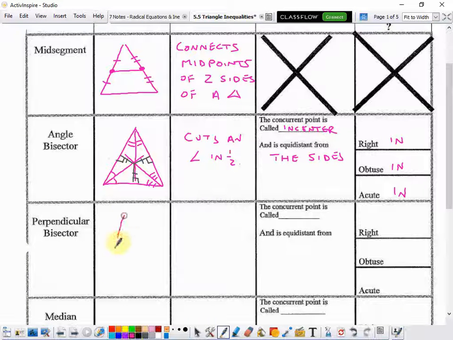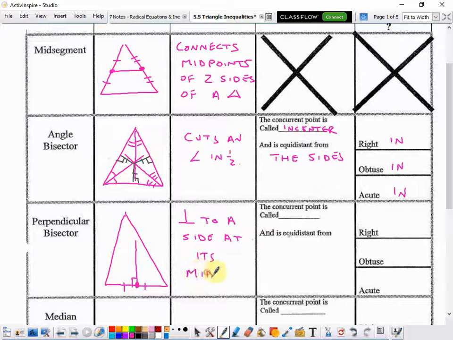Perpendicular bisectors. So that's a perpendicular bisector. It cuts a side in half, and it's perpendicular to that side. So it's perpendicular to a side at its midpoint.